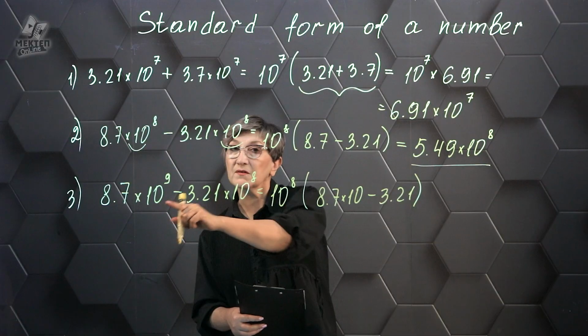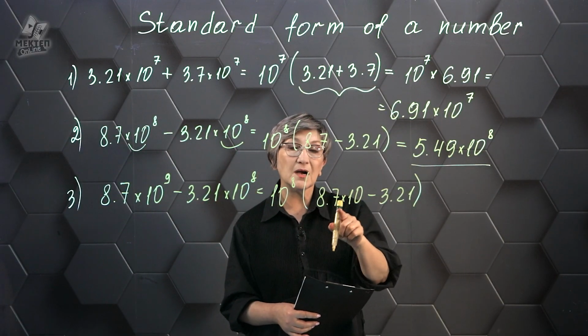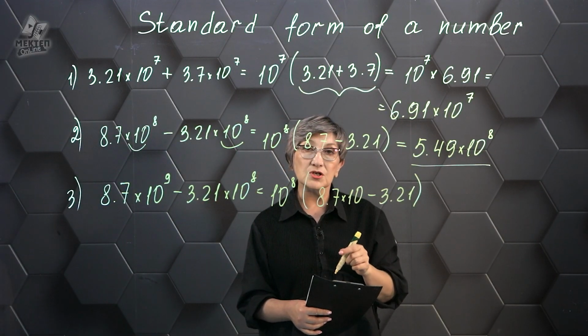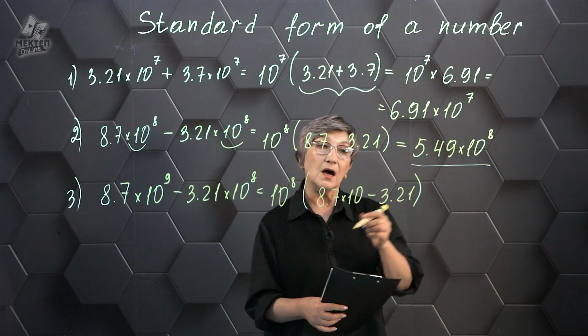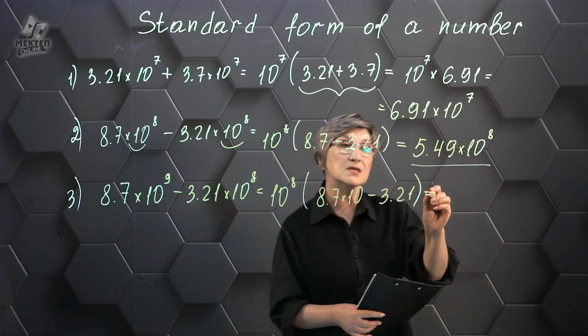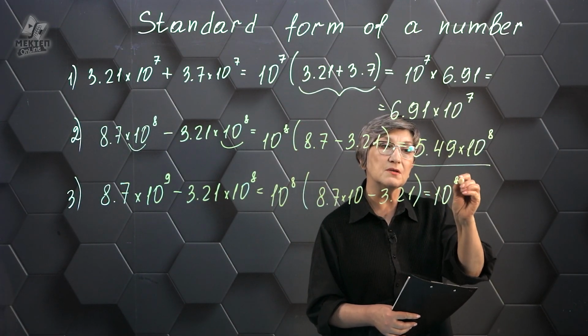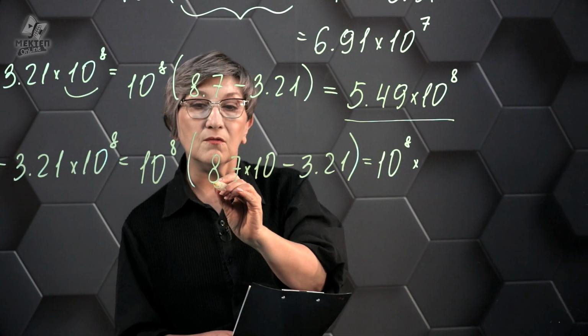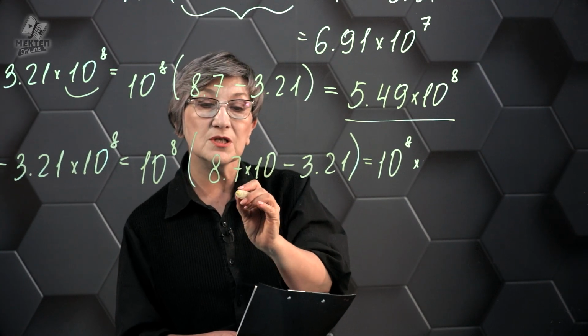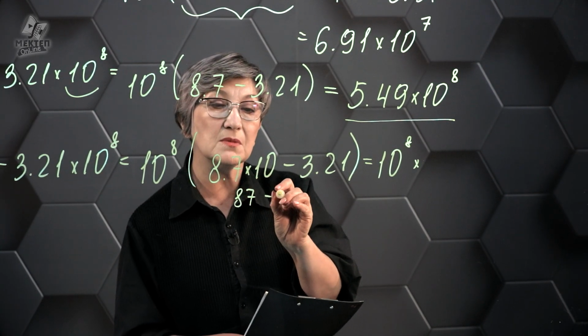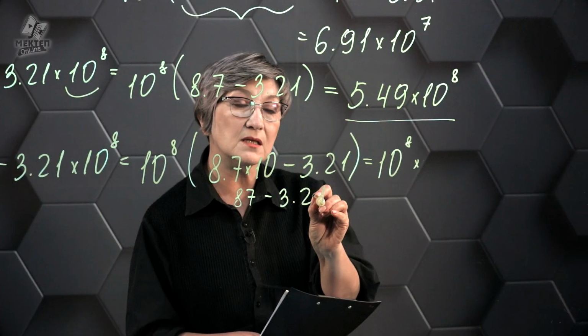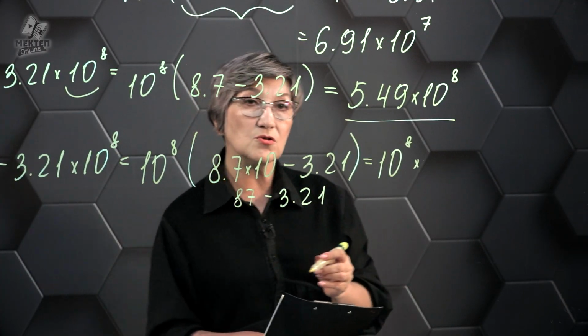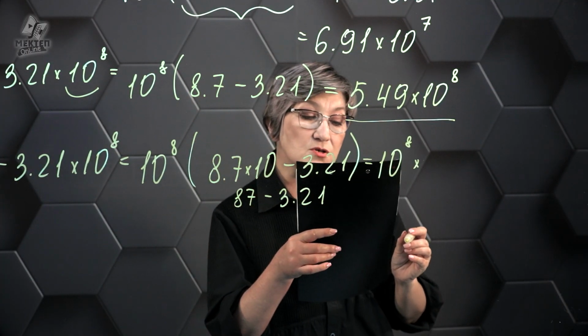That's why we write 10 to the power of 1 as a multiplier with the number 8.7. And in this case, we can write it as follows: 10 to the power of 8 multiplied by, and 8.7 times 10 is 87 minus 3.21, and then find the result of this difference.